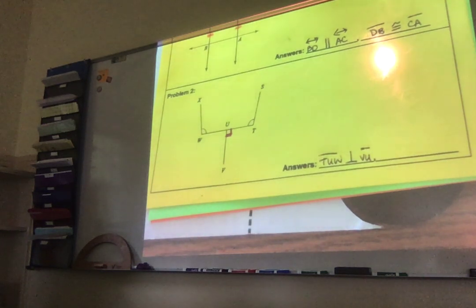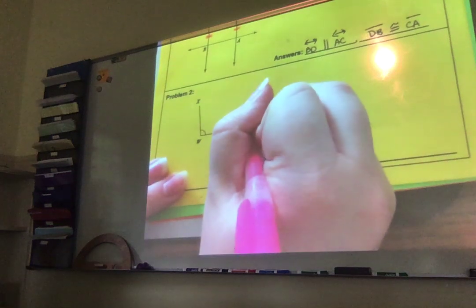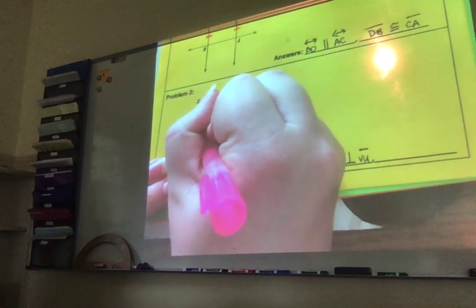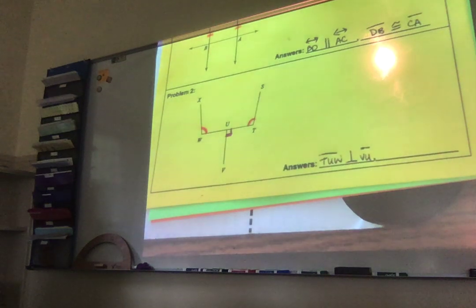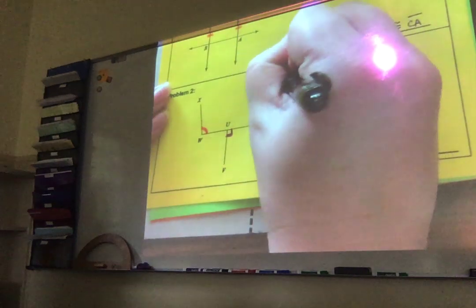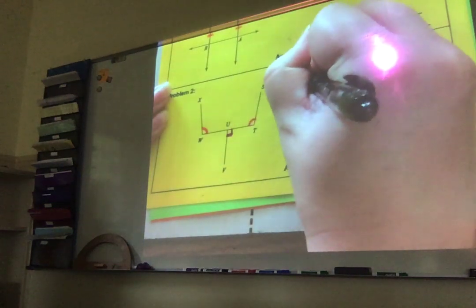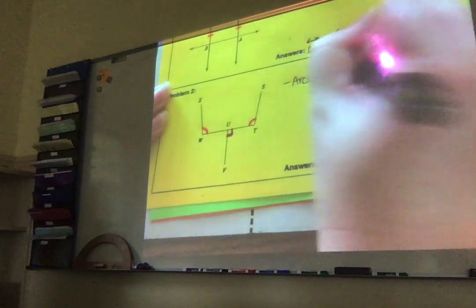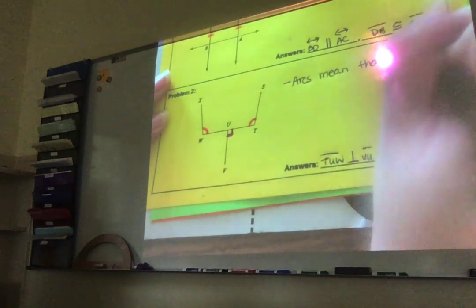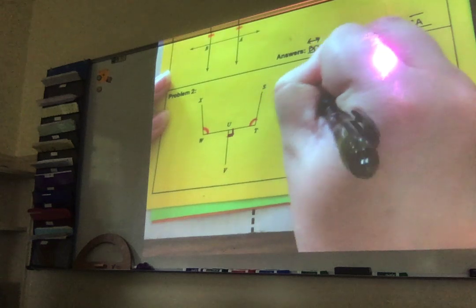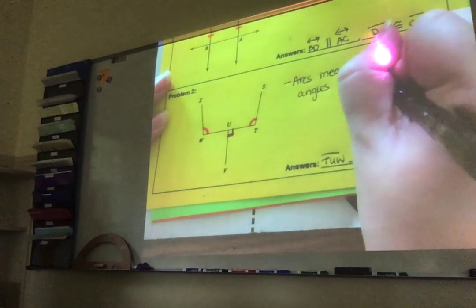Alright, what is a new symbol that we're seeing here? The circular things? Yep, so we call these arcs. New color. Alright, so arcs mean that the angles are congruent.